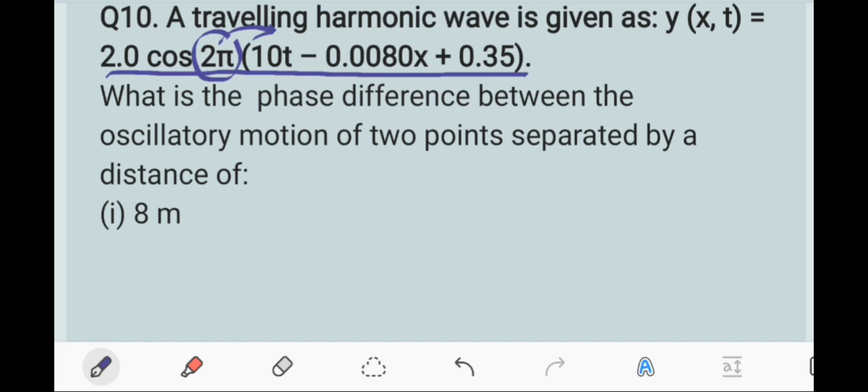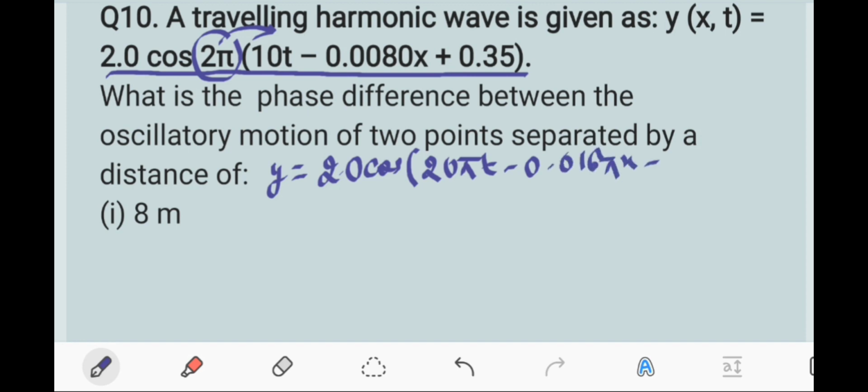Finally we will have y equals 2.0 cos, this 2 pi multiplied by 10t becomes 20 pi t, minus 2 pi multiplied by this part becomes 0.016 pi x plus, and again 2 pi multiplied by 0.35 becomes 0.70 pi.